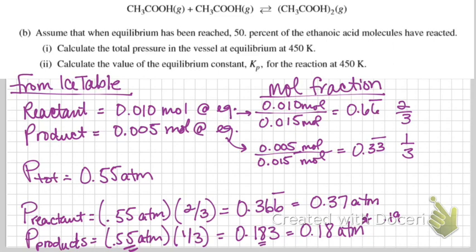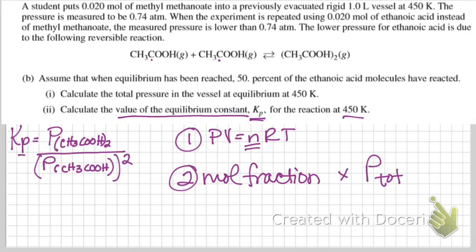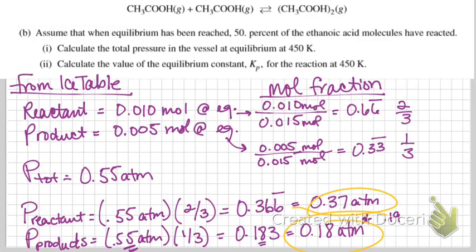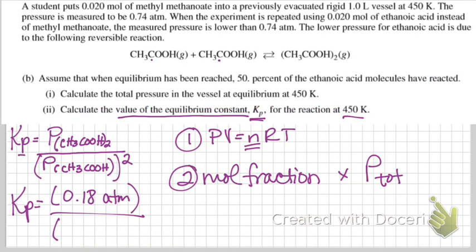Okay, so now I can take these values and go back and plug them in to our Kp. So the partial pressure of the product was 0.18 atmospheres, and the partial pressure of the reactant was 0.37 atmospheres.